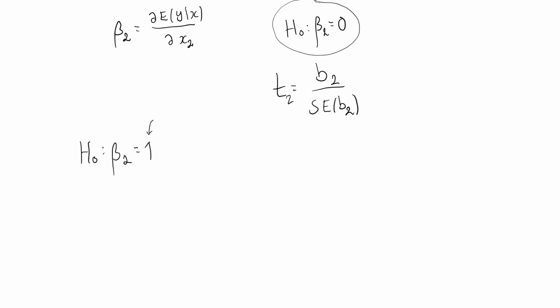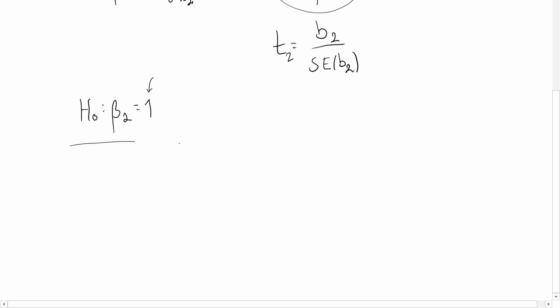You can also test hypotheses that involve more than one parameter. As long as you have only one restriction, it's still going to be a t-test. So you might want to test a hypothesis such as beta 2 plus beta 3 equal to 1.